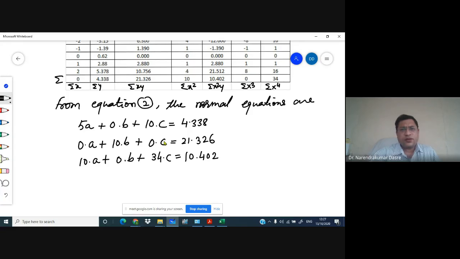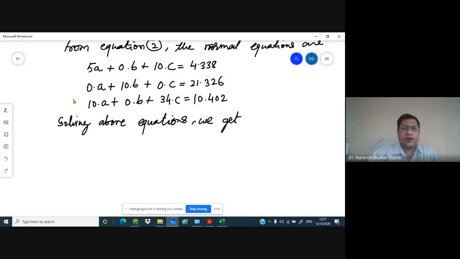Okay, now once we got this, what we can do is we can solve these equations. So solving the above equations we get, so what are the values we'll get?